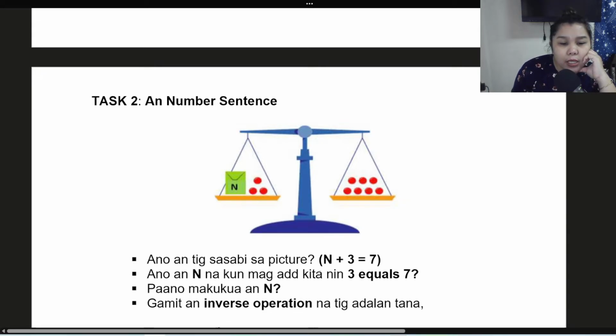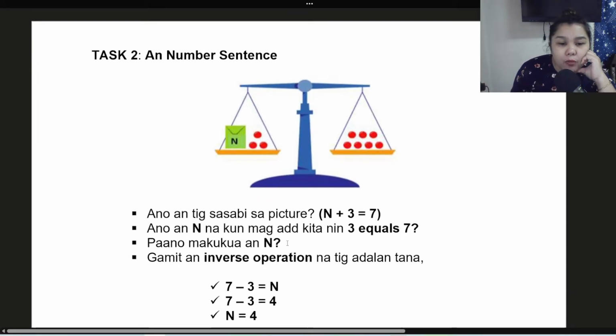Anong n na kung mag-add kita ng 3 equals 7? Ano pang kulang ba para maging 7? Ang 3. So, paano makukuha ang n? Gamit ang inverse operation na tig-adalan tana. So, diba? Kulang. So, pwedeng n plus 3 equals 7. Diba? Babalik ta rin kasi magkabaliktaran sila.